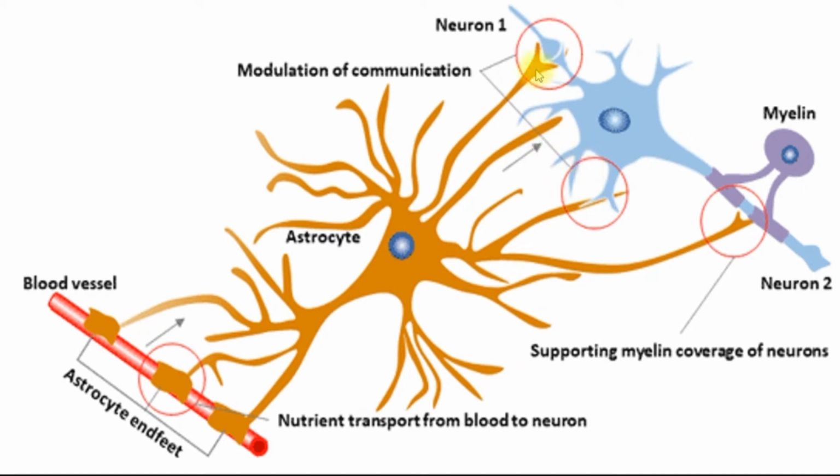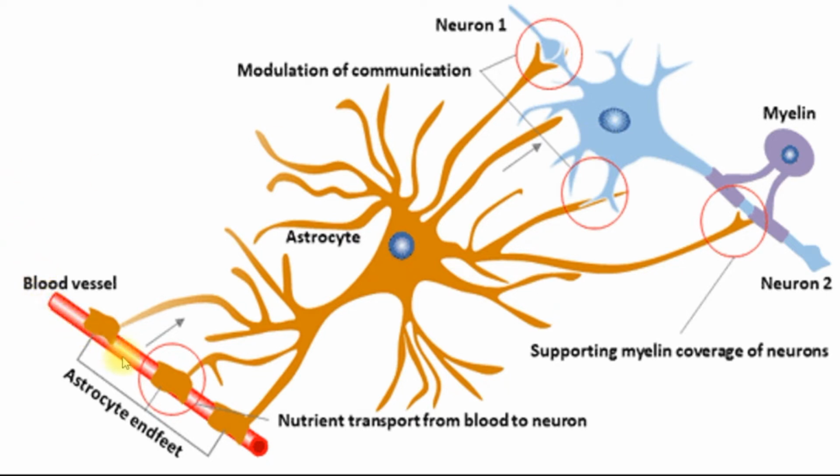And on the other side, they provide maintenance of neurons. They also have foot processes which surround neurons. So the main functions of astrocytes: they provide structural maintenance, structural function, and also nutrition of neurons, and also they provide formation of the blood-brain barrier.